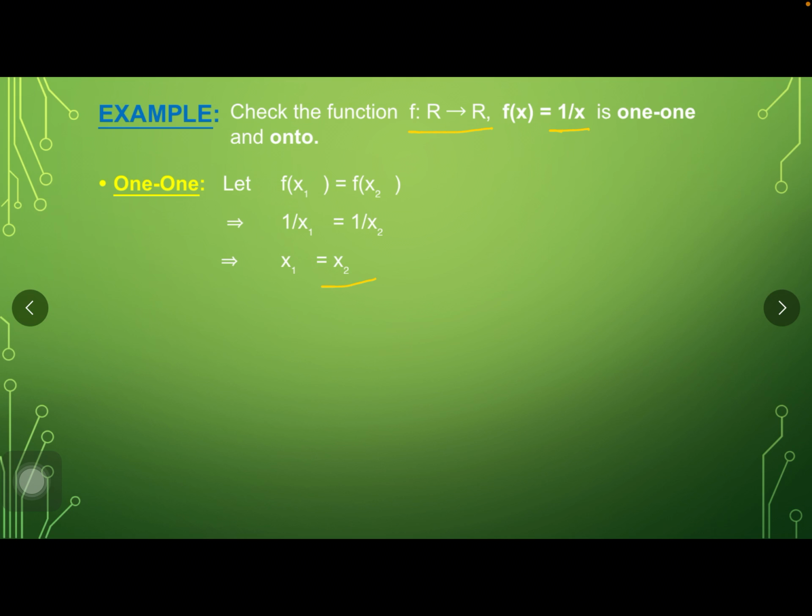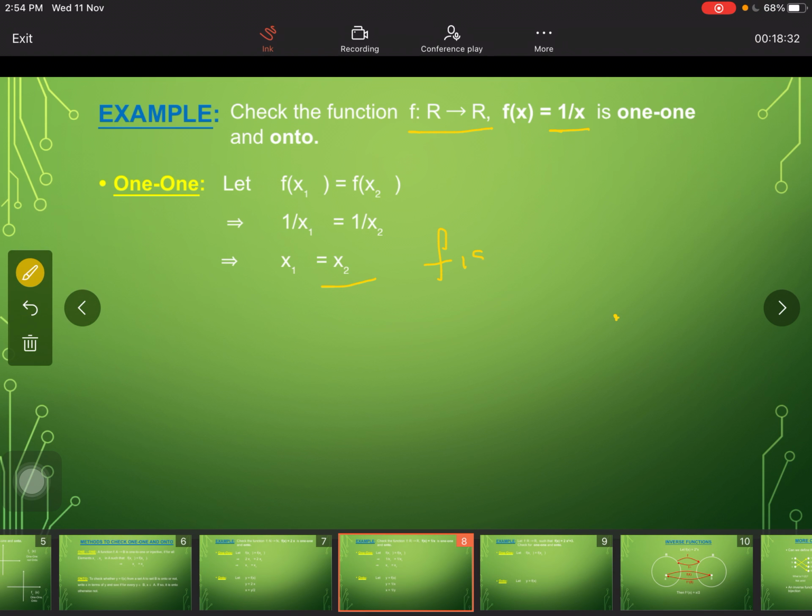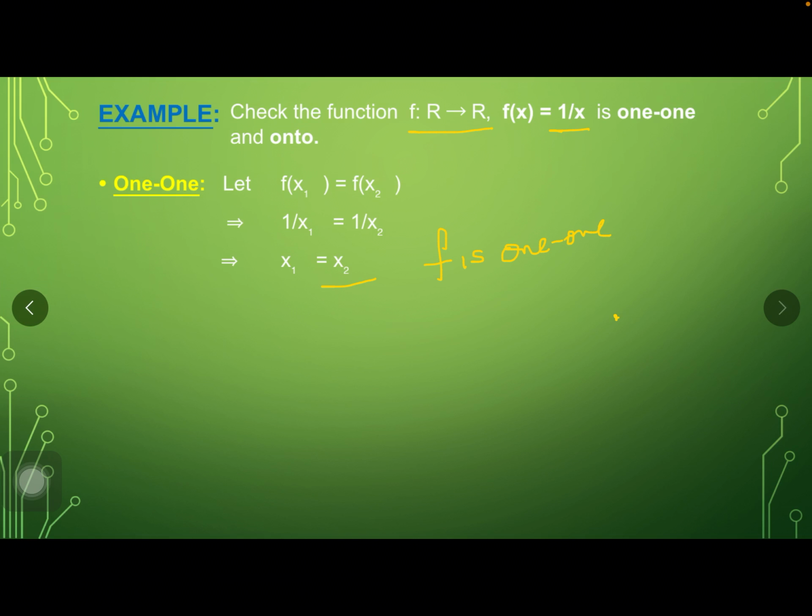So f(x1) equal to f(x2), and our f(x) is 1/x, so it becomes 1/x1 equal to 1/x2. And after that we see that x1 equal to x2, so we can say that our function is 1-1. So after this we write that f is 1-1, right? f is 1-1.